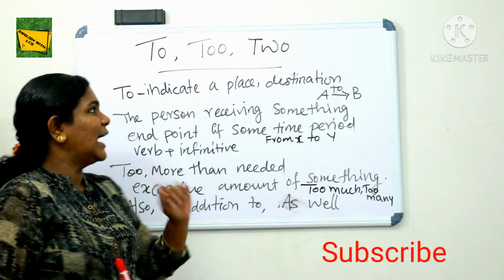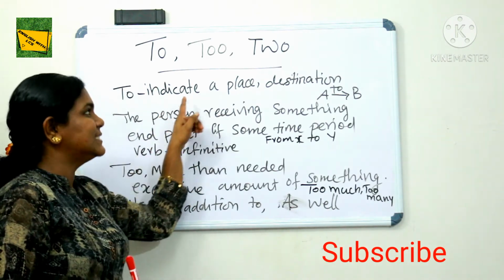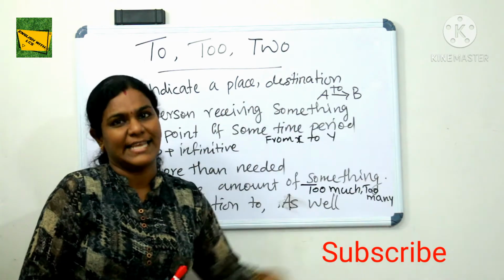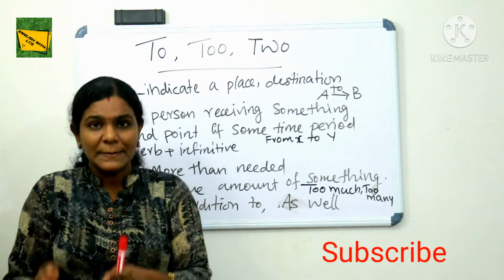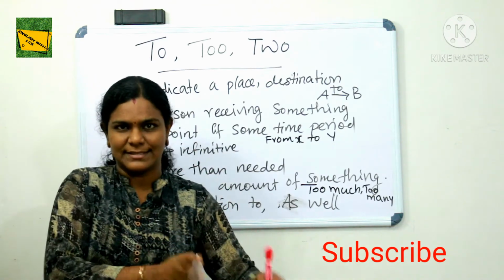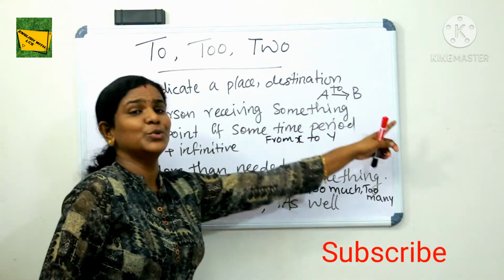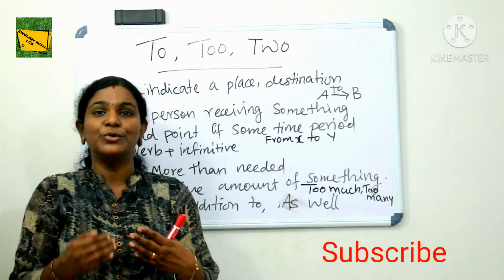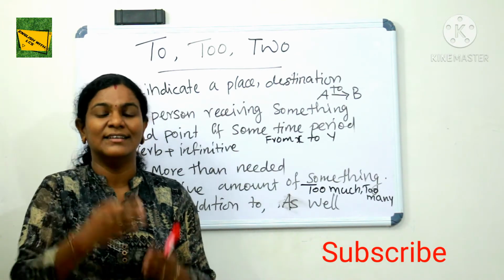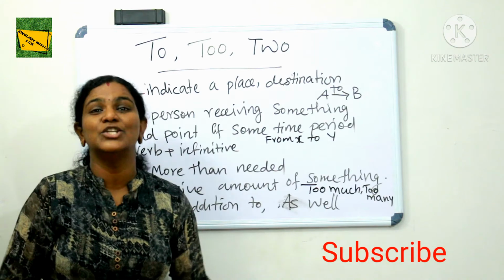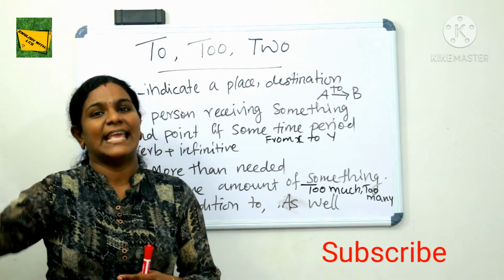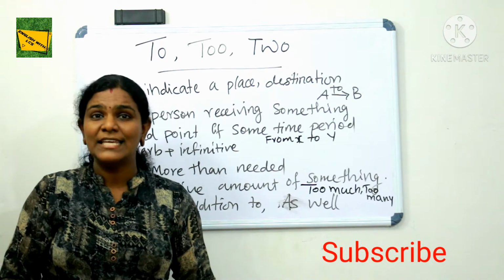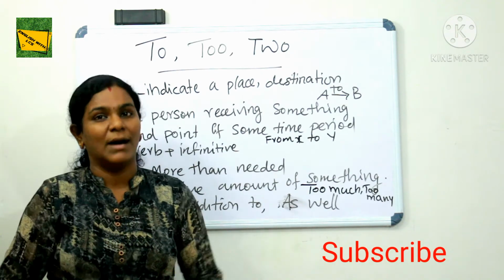This two we have to use in order to indicate a place or destination. If I wanted to go from one place to another place, that means from A to B, you have to use the preposition to. Example: I wanted to go to Delhi next day, or I am planning to go to Dubai next month.